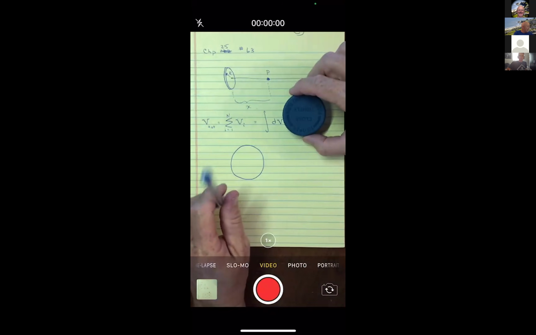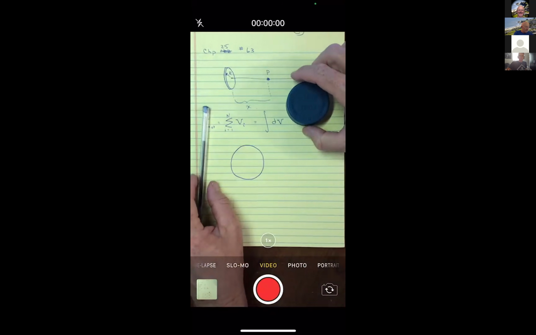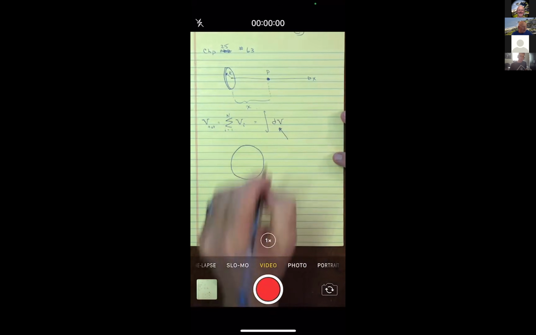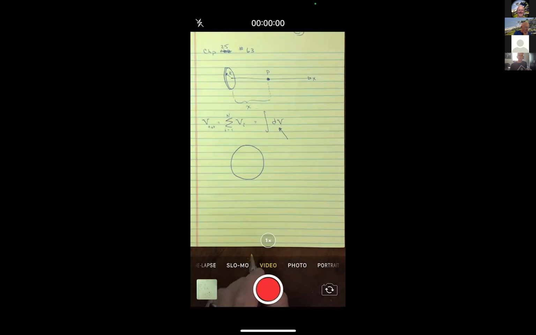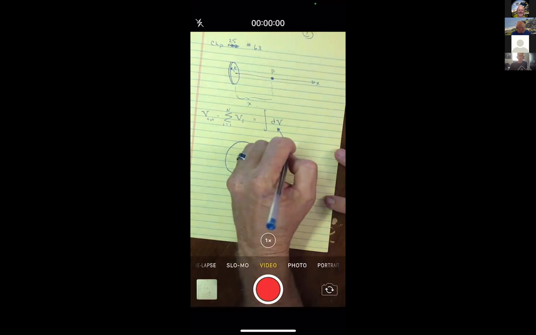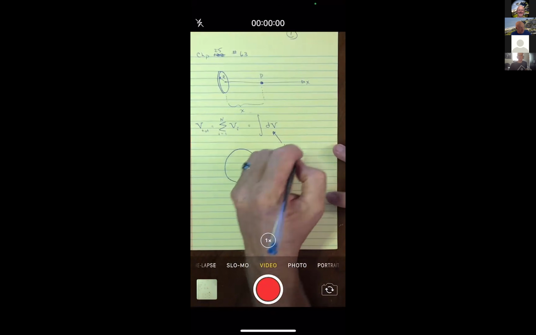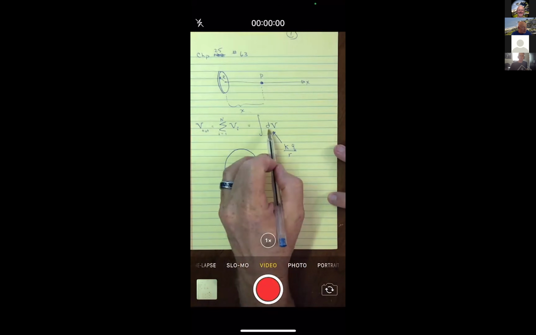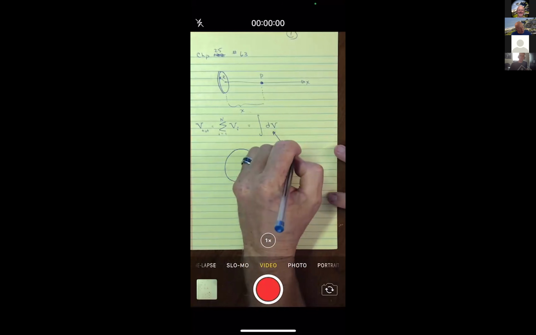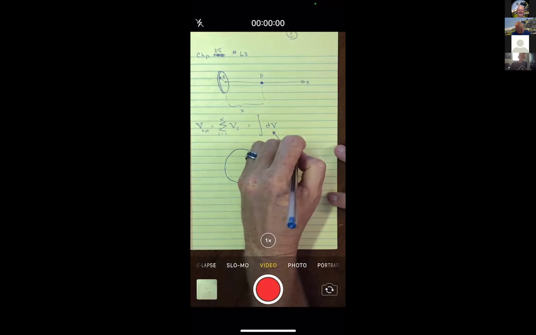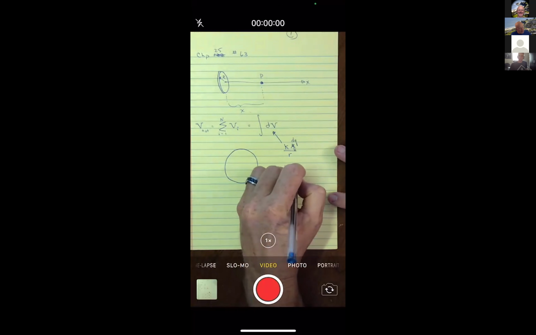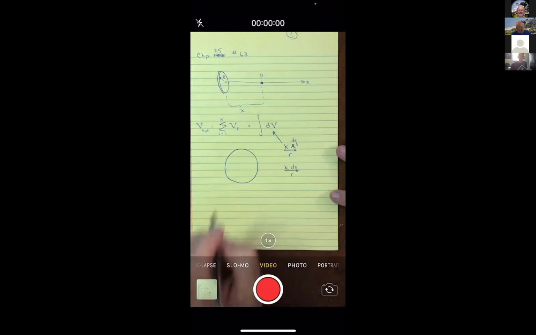And what I'm going to do here is realize, what is the equation for a point charge? Well, it's Coulomb's constant times the charge at that point divided by the distance from it. And if we're talking about a really, really small point object, we could call that a dq. So this would be k dq over r.